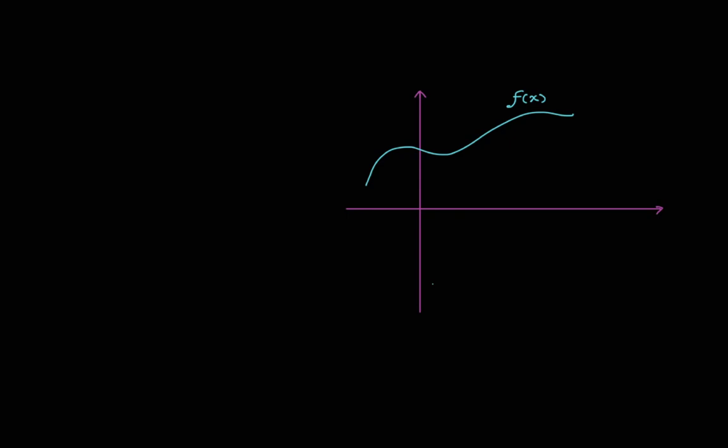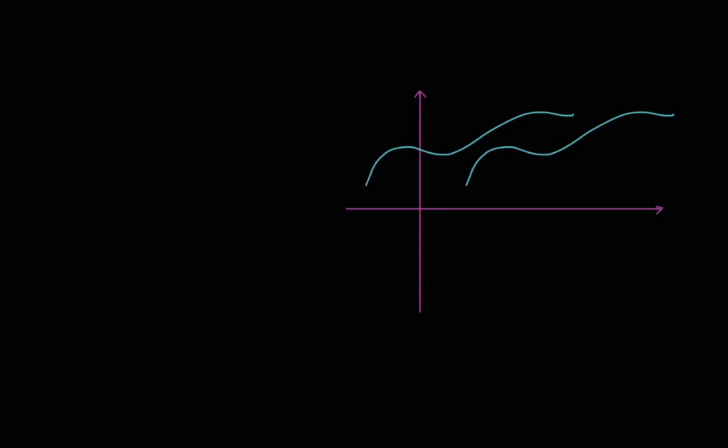And we could also do translations, and this is what we're going to be looking at in this lesson. So here is a horizontal translation. We have essentially shifted our function over to the right by some amount. We could have shifted it to the left, and that is called a horizontal translation.